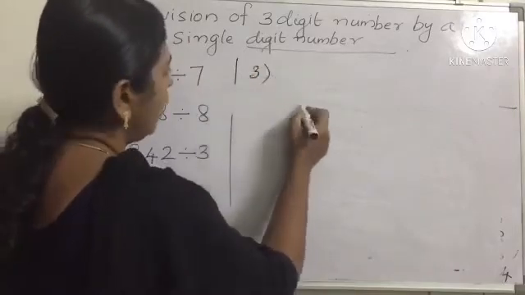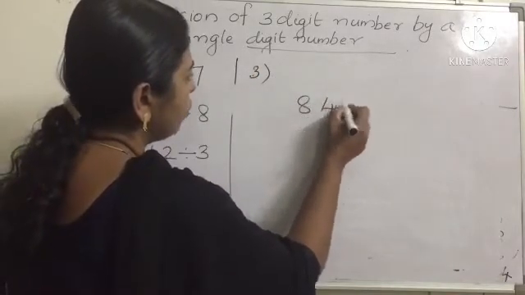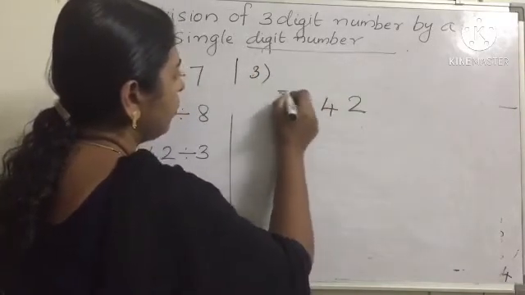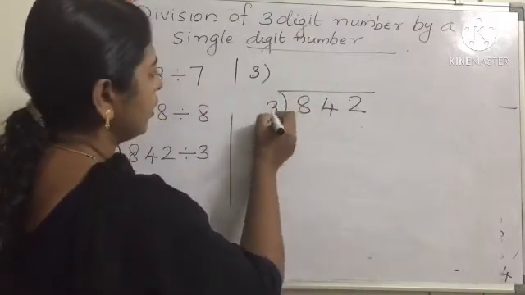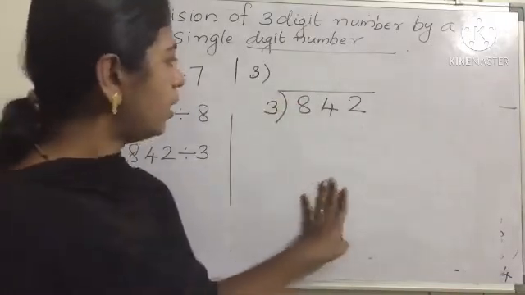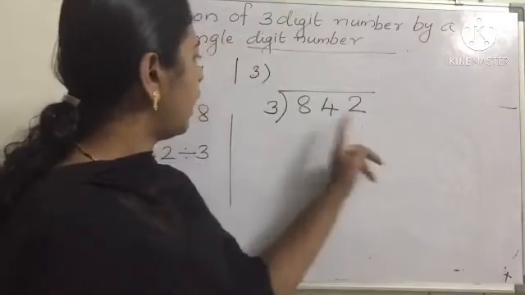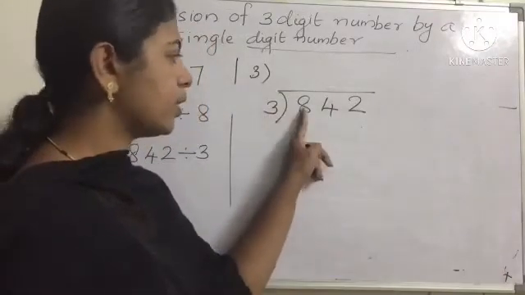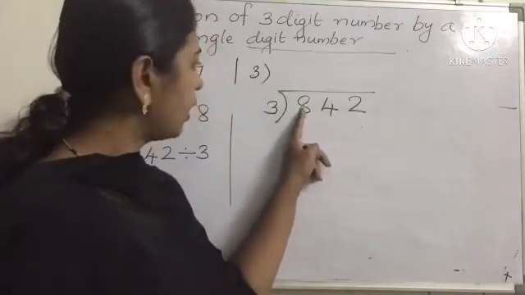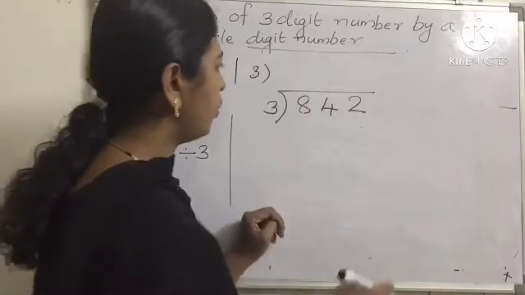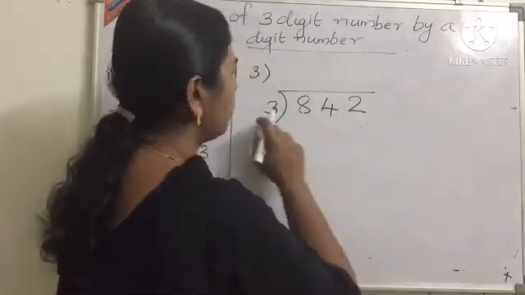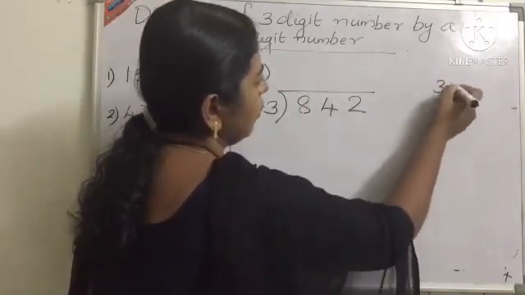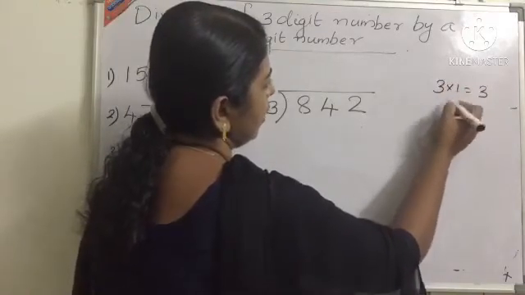Third one, 842 divided by 3. Here 8 is divisible by 3 because 8 is more than 3. Then how many times? We want to write the multiplication table of 3. 3 ones are 3.